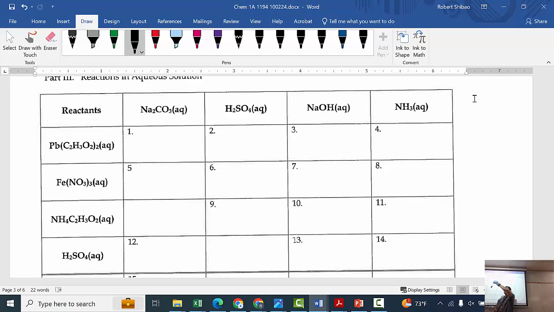Do you see that? A brown precipitate formed. So you got a brown precipitate, and then above it will be a clear solution if I added enough sodium carbonate.